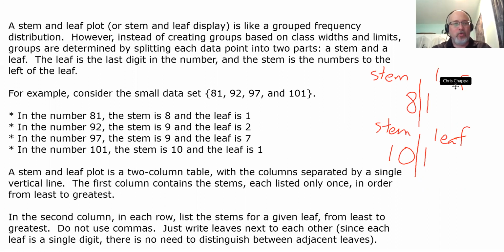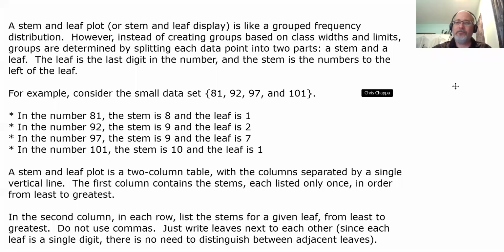All right, so why don't we quickly build a stem and leaf display for this 4-element data set. All right, we cleared out that mess. So how would a stem and leaf display look for this data set? It's pretty easy to draw because there's only 4 numbers. For the first number, 81, we would split it into its stem and its leaf.